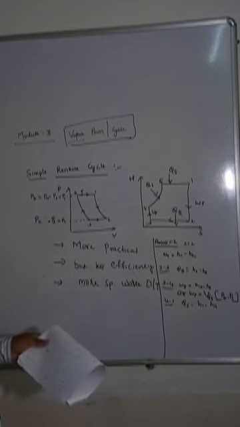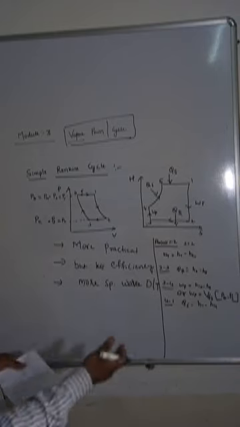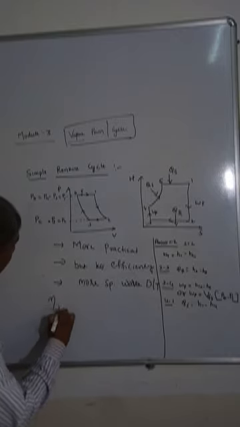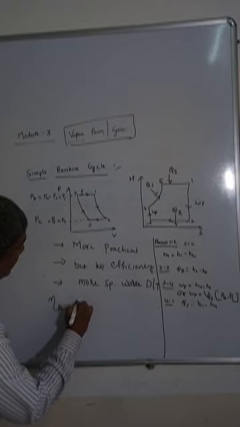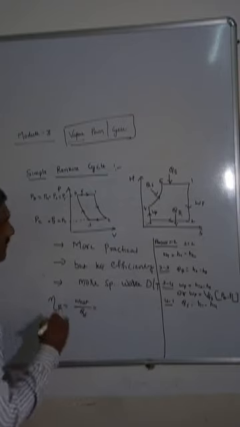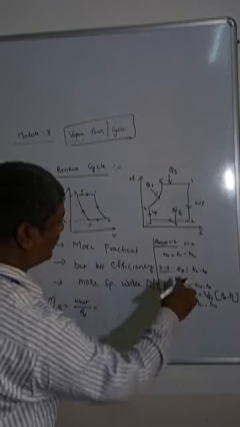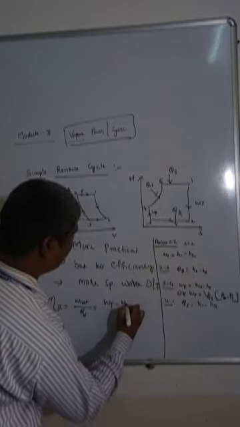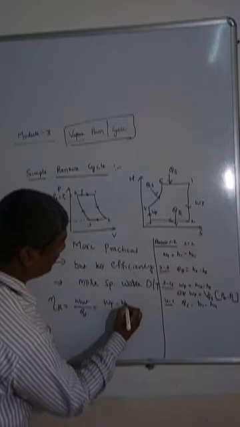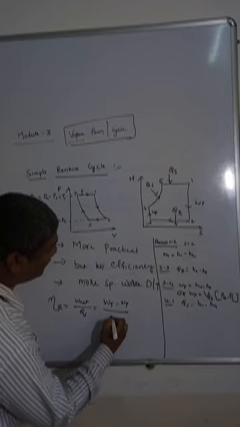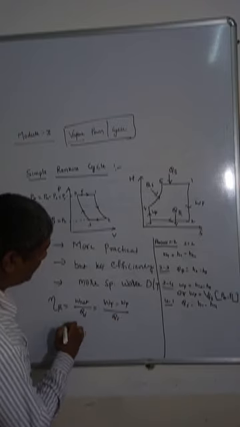So now we'll derive the efficiency. We know that for the Rankine cycle, eta R is equal to W net divided by Qs. So W net is how much? W net is work done by the turbine minus work required to run the pump, that is Wp, divided by Qs.